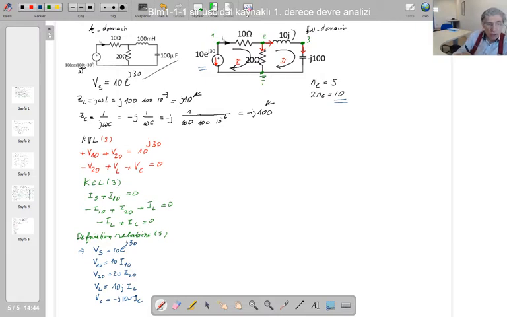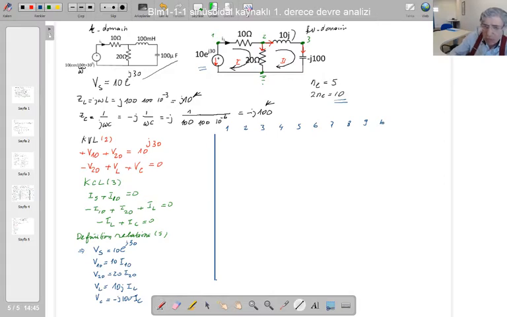Let's transfer these 10 equations to matrix form now. So I will be using this matrix form. So that's one of them. And we've got 10 elements: 1, 2, 3, 4, 5, 6, 7, 8, 9, 10.